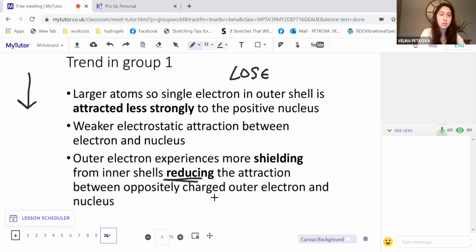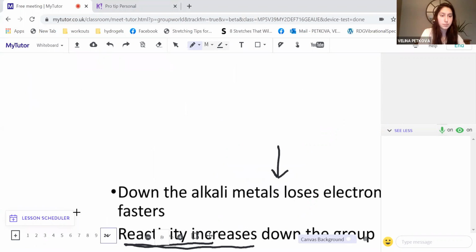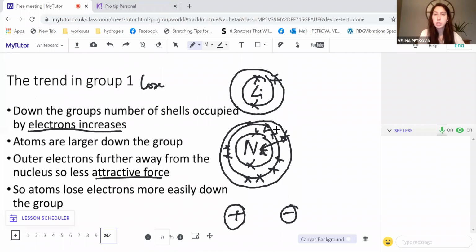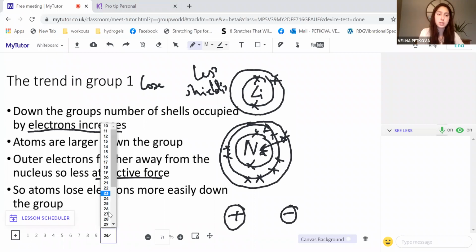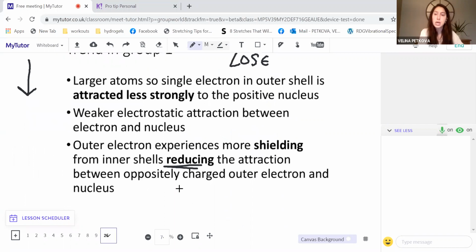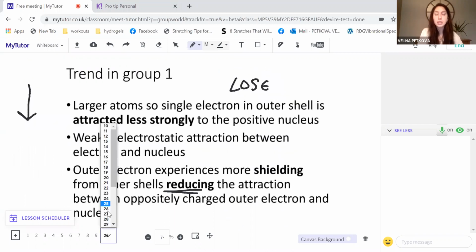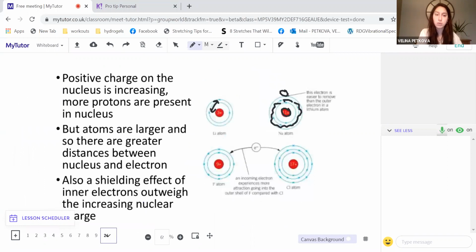So lithium has less shielding than sodium. Lithium only has one shell in between the nucleus and the outer electron, so there is less shielding than in sodium, where we have this whole full shell and this other whole full shell between the electron and the nucleus. So down the group, shielding increases, which also reduces the electrostatic attraction between the nucleus and the outer electron, making it easier to lose this electron, and so making it more reactive down the group.